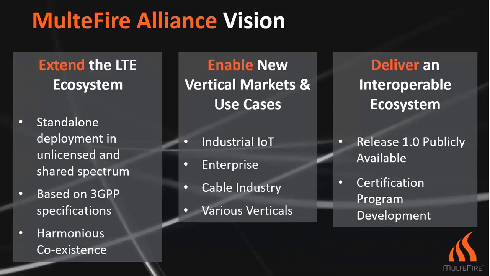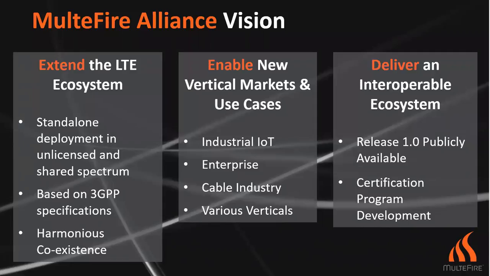A lot of the development that's been done within the MulteFire Alliance is based on 3GPP specification, however, making sure the requirement is targeted toward running uplink and downlink in unlicensed spectrum band. The key target markets that the Alliance is focused on are Industrial IoT, enterprise, cable industry, as well as additional verticals.